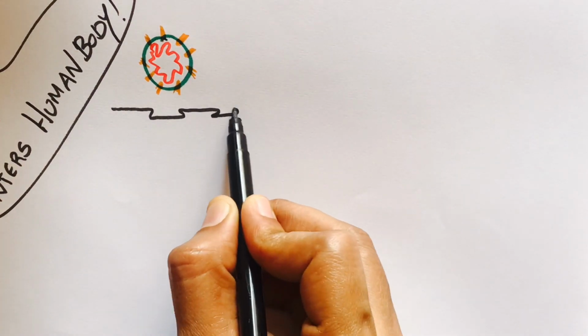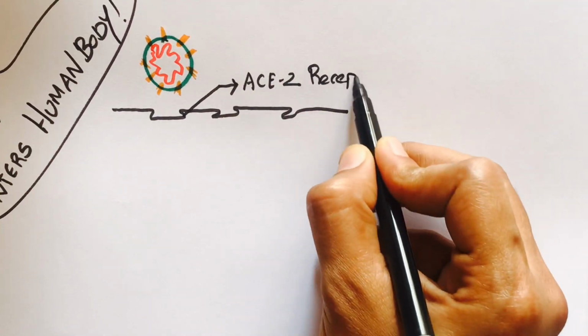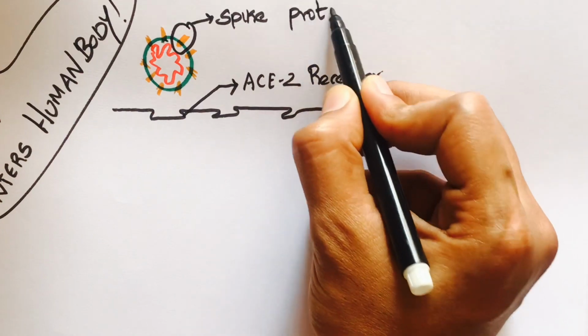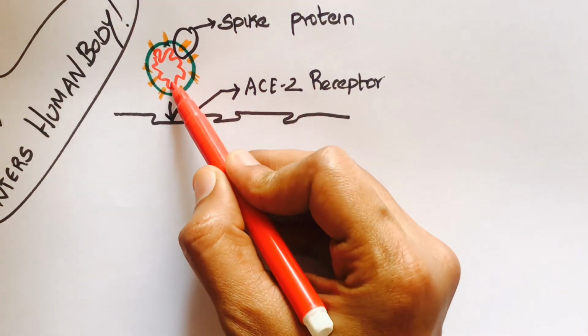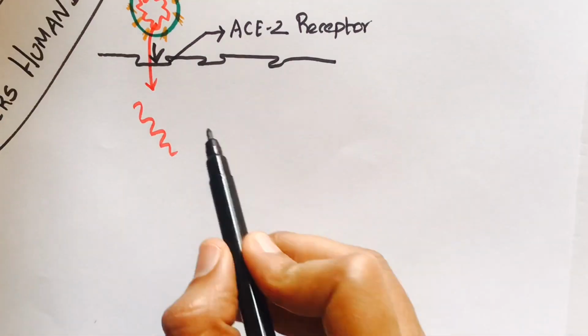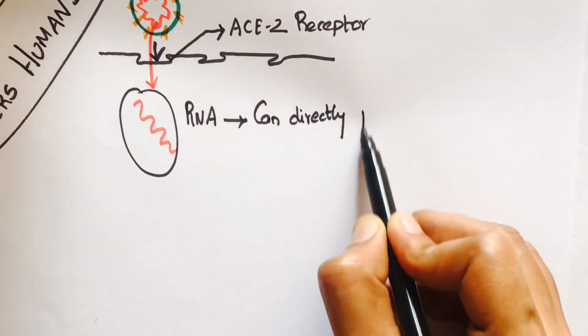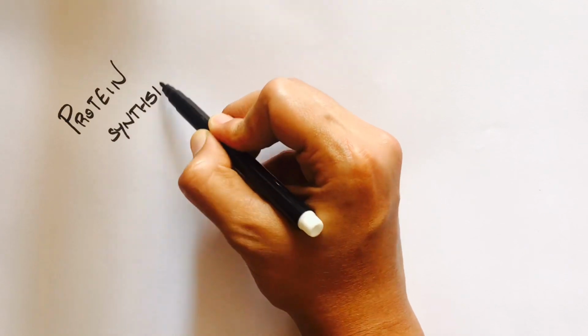So what is the pathogenesis of the coronavirus? It normally gets attached to the angiotensin converting enzyme 2 receptor. Actually, this is believed to be the functional receptor of SARS virus, and it introduces its single-stranded RNA, which can directly produce the proteins.